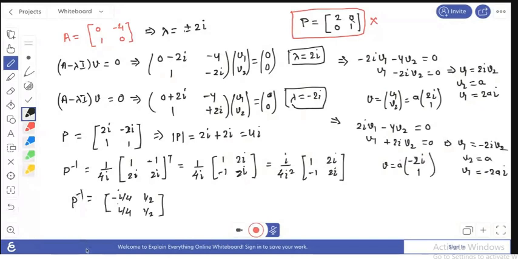And matrix A is 0, minus 4, 1 and 0, multiplied by P. P is 2i, minus 2i, and 1 and 1. So if you multiply these matrices, this is the value of B.